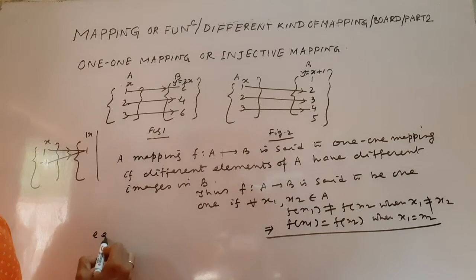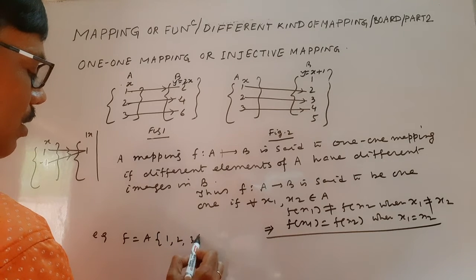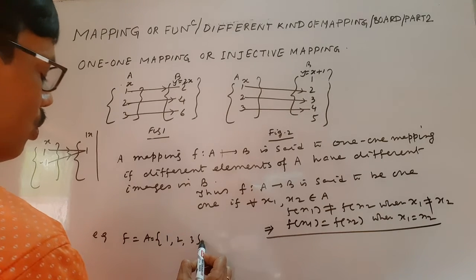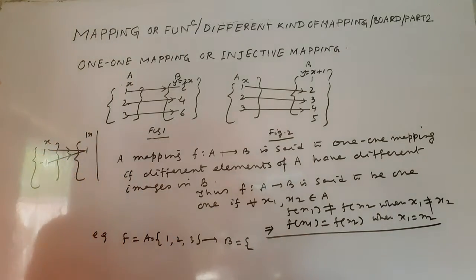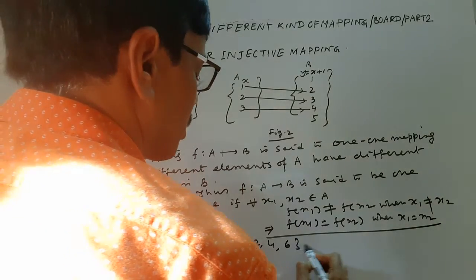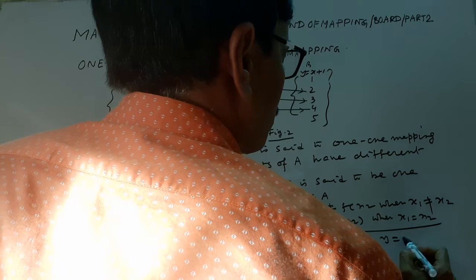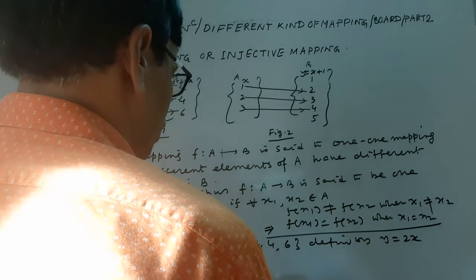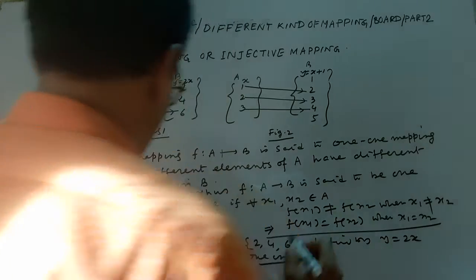Example: f from A equal to 1, 2, 3 to B, where the elements are obtained by taking double, 2, 4, 6, defined by y equals 2x is 1-1.